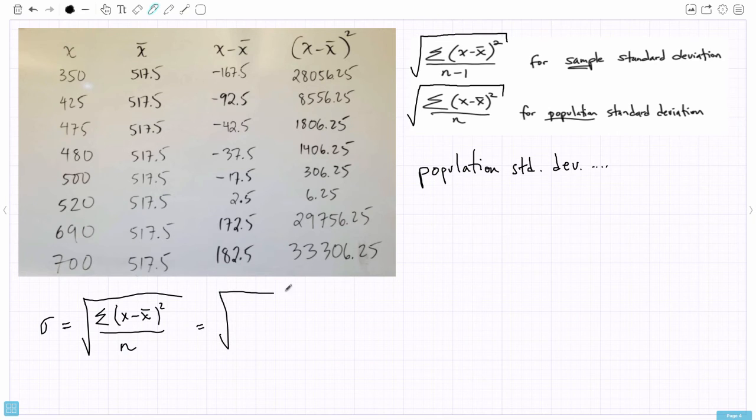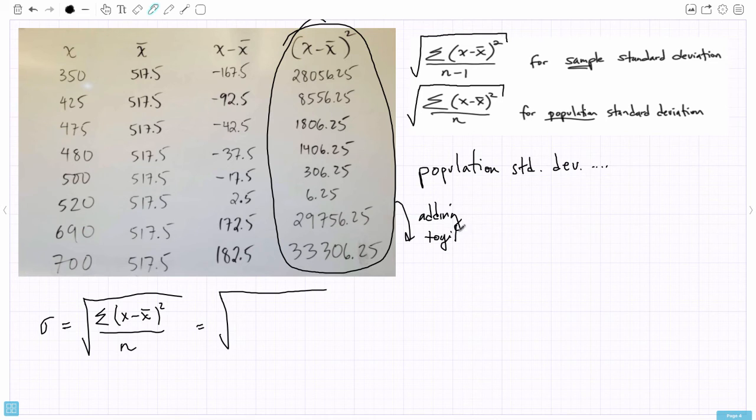So it's a square root, and if I add up all these values, just like we did in the sample standard deviation, adding them together, I get 103,200.